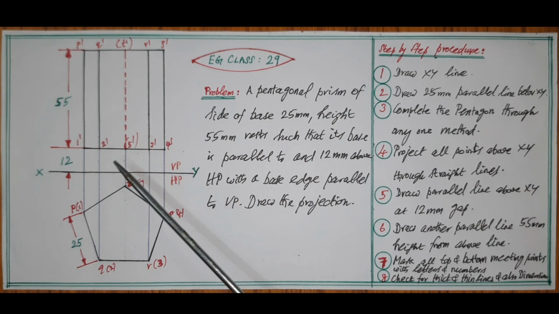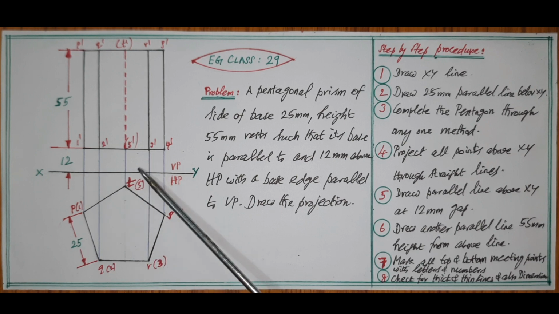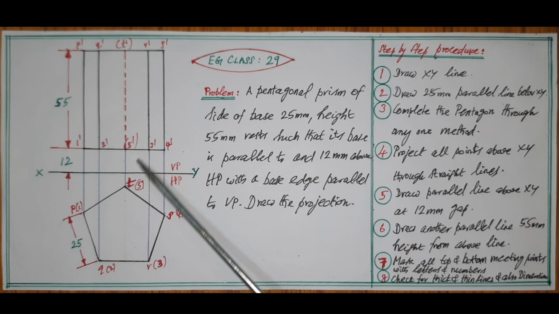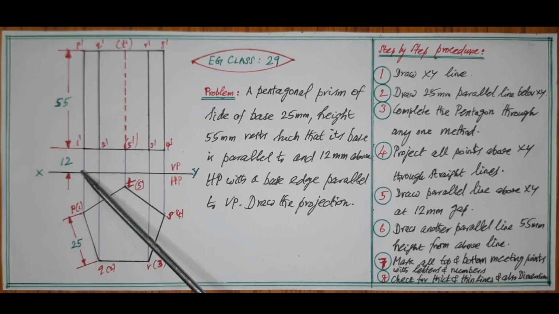Draw a parallel line to XY from the bottom base of the prism by taking 12 mm above XY. This is one of the conditions given in the problem, that is, base not lying on HP.